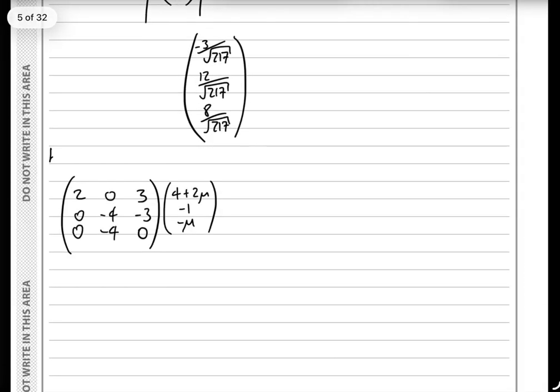I've got them both here, M acting on the line, so that's 2 times 4 plus 2 mu is 8 plus 4 mu, plus 0 times minus 1, plus 3 times minus mu.